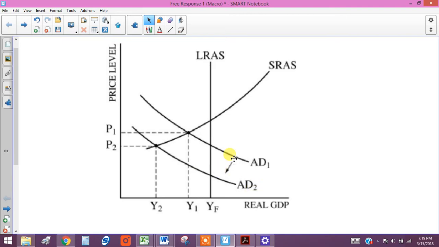It's a good idea to draw this arrow showing the shift, and then show both the output and the price level decreasing. So this is going to be Y2 and P2 for that second level of output and level of prices after the cut in government spending. Okay?